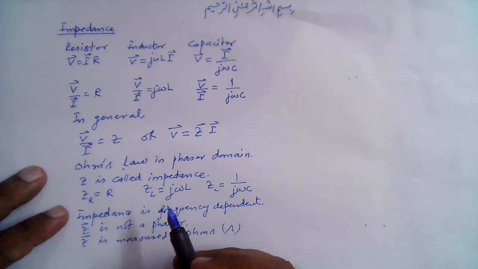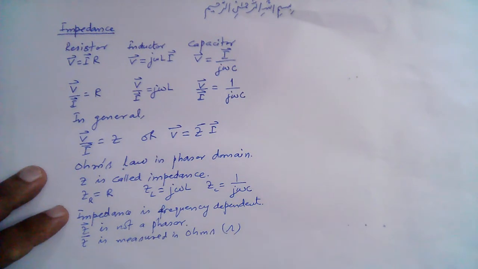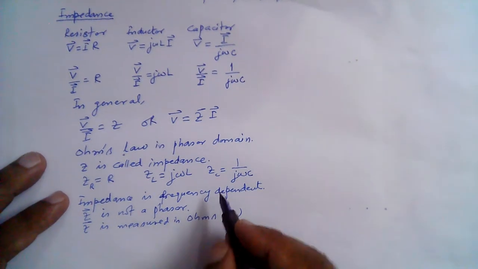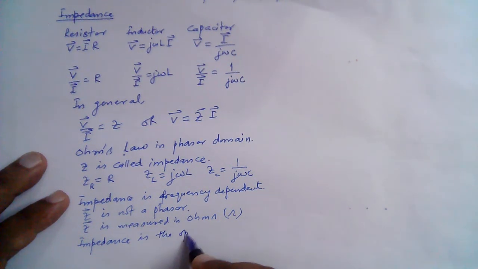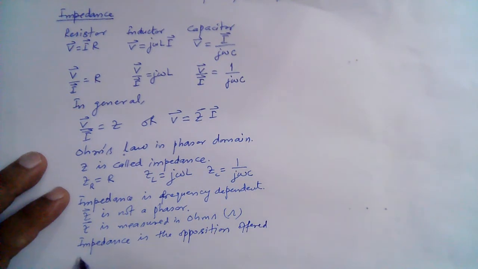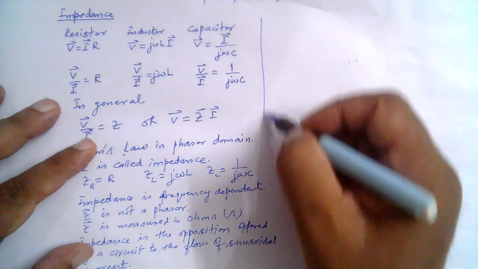Impedance is basically the opposition offered by the circuit to the flow of sinusoidal current.